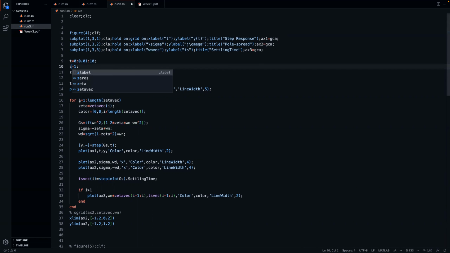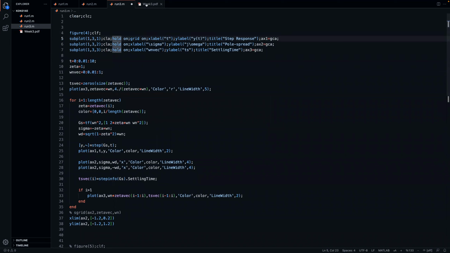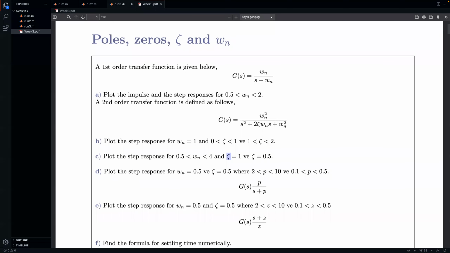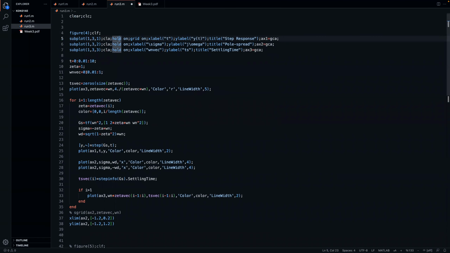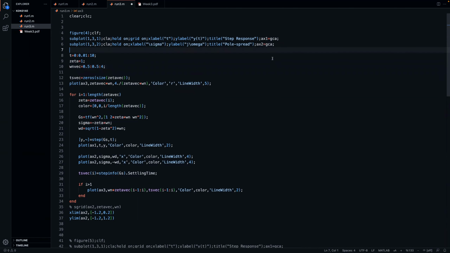So now zeta is going to be equal to 1, but we will have omega n vec, and the vector starts from 0.5 up to 4. Omega n vec. Now I think I've established the fact that the settling time formula is a certain formula. So I'm not going to demonstrate it over and over again.